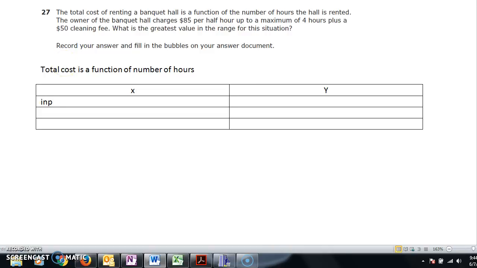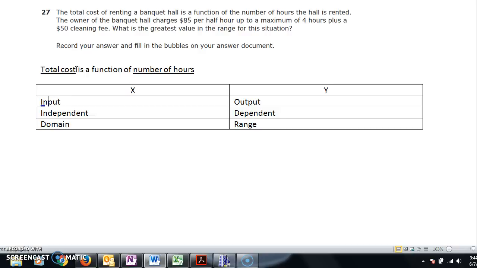Vocabulary like input, independent, or domain refers to your X. Vocabulary like output, dependent, and range refers to your Y. So in this case, I'm thinking about what total cost is and what number of hours is, based on what we put in and what we get out.